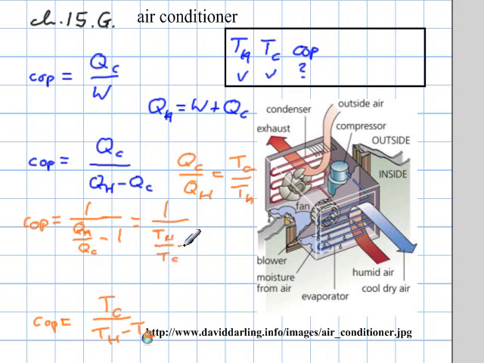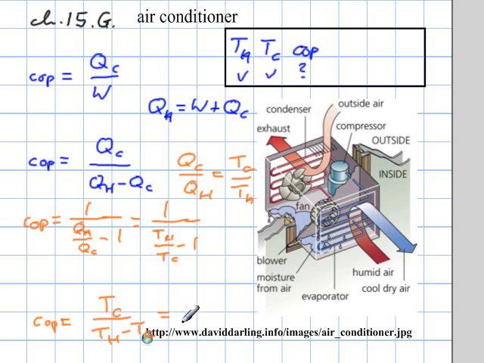There we go. Going from here to here, I divided everything by QC. That of course gives me a 1 here and a 1 there, and then the fraction QH over QC. And here I used this one here, plugged in the temperatures, and now when I multiply everything again with TC, I come up with this expression that I kind of pulled out of thin air a moment ago, but it is correct because I just showed you the algebra.